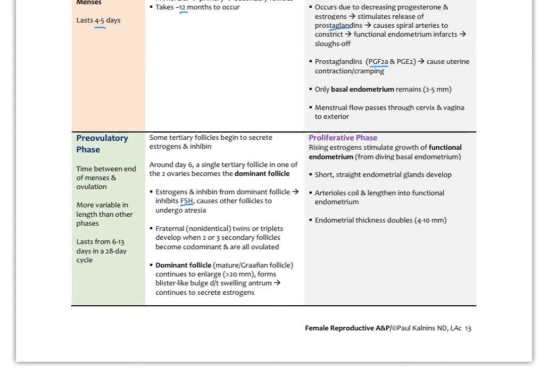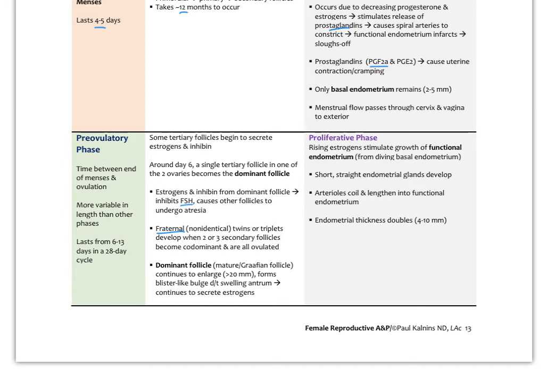Now, at this point, we can have the situation where 2 or 3 secondary follicles become codominant and are all ovulated. That's the situation of fraternal or non-identical twinning or triplets. Those would be codominant follicles which all ovulate.